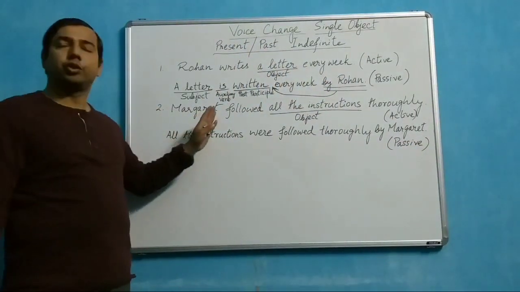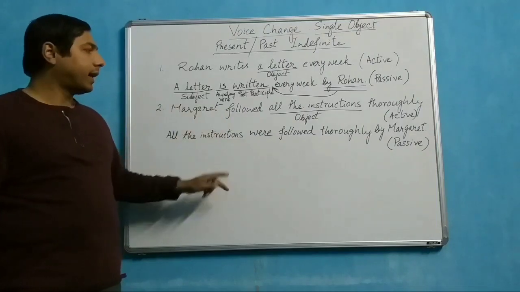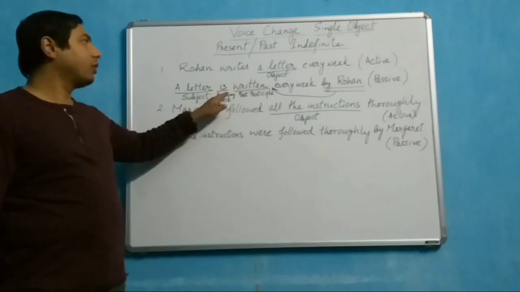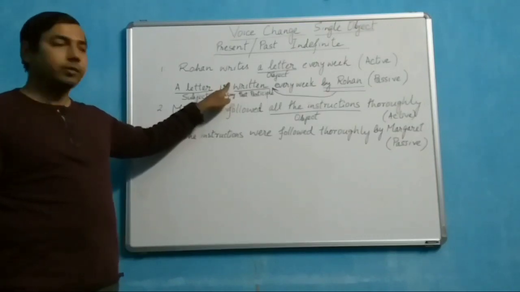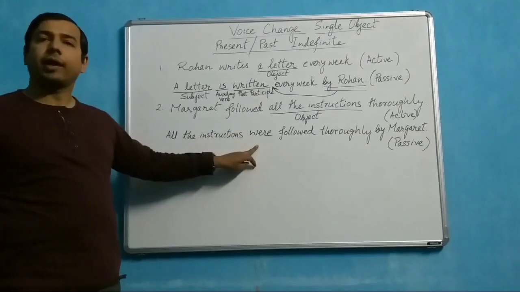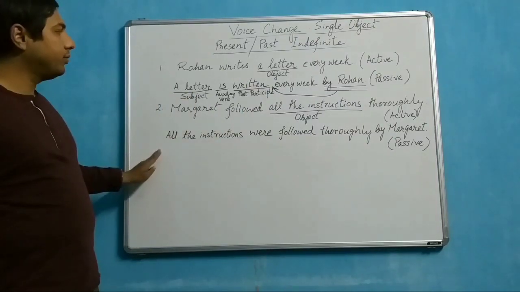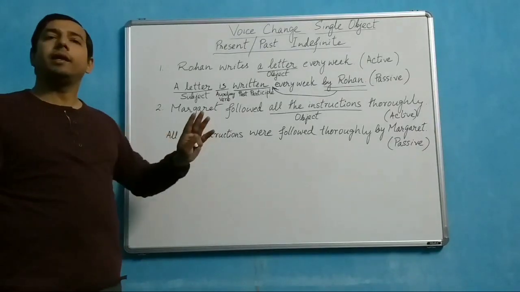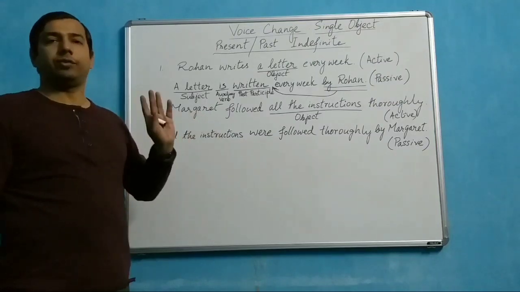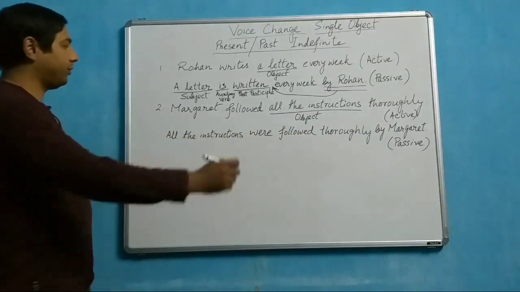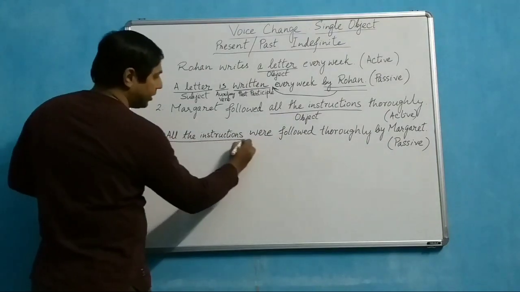As I have shown, you can see that here the auxiliary verb in the first sentence was in the present tense and in the second it is in the past tense. Otherwise, you see that there is no difference. The procedure is the same. The object has come to the subject position.